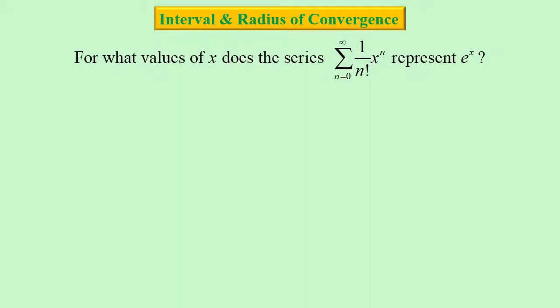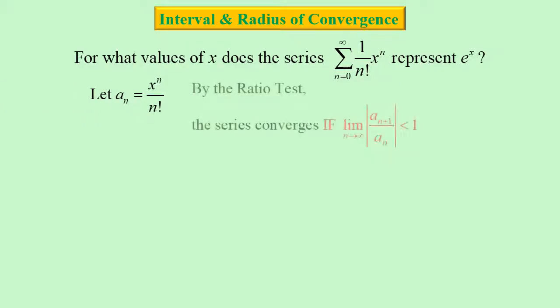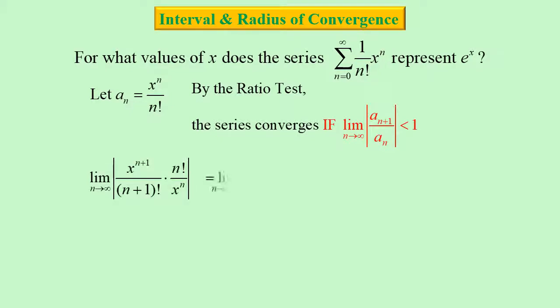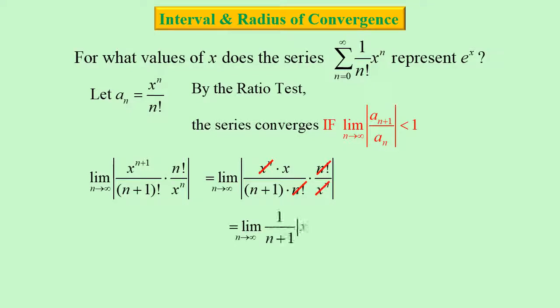We're going to test this series for convergence. So we'll use the ratio test, plugging in n plus 1 for each n, dividing by the original series, inverting and multiplying, and then simplifying. We come up with this. Now, again, the absolute value of x could be taken out of the limit, and so we want the limit of 1 over n plus 1 as n goes to infinity.